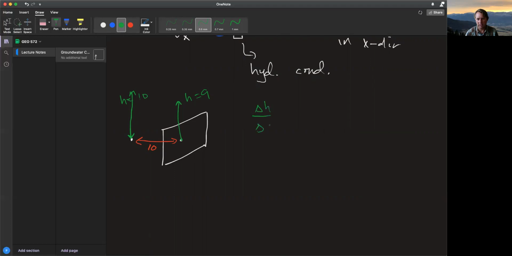Delta H over delta X is equal to H1 minus H2 over X1 minus X2. I'm sorry, I messed this up.